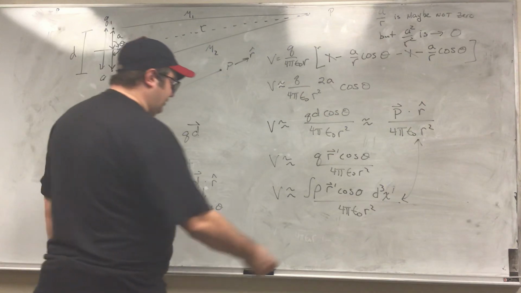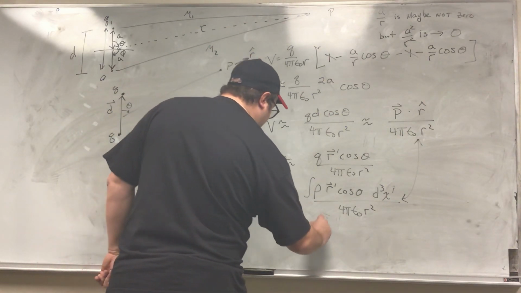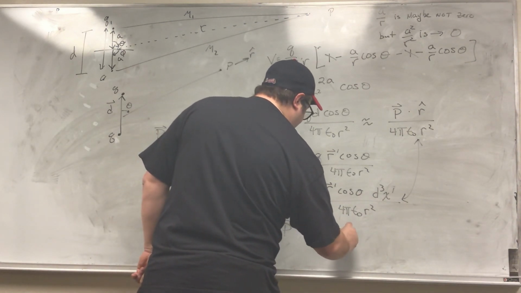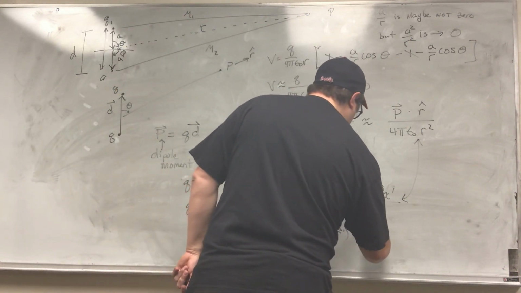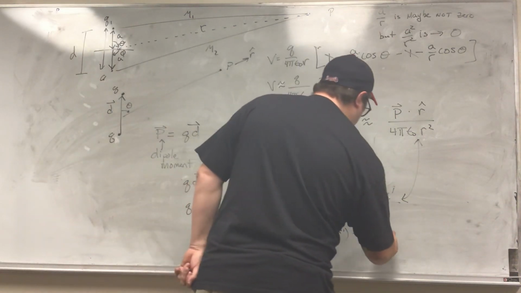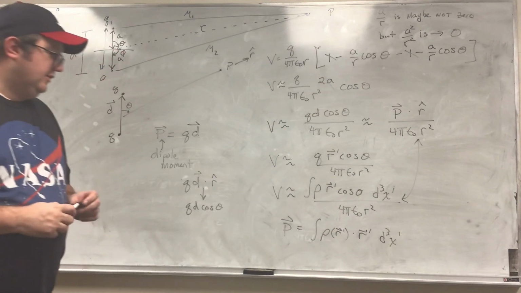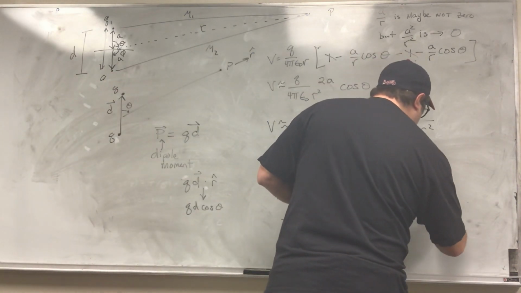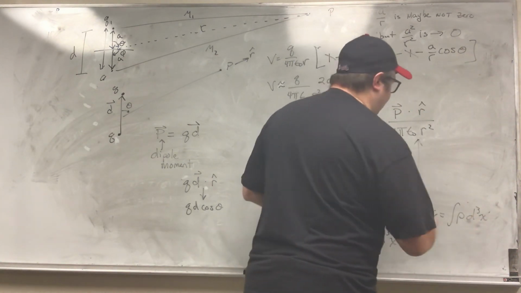I can rewrite this as the dipole moment is simply equal to the integral of rho as a function of the prime coordinates times r prime vector, integrated d3 x prime. So this is saying, if I want to know what Q is, I integrate the charge density directly.